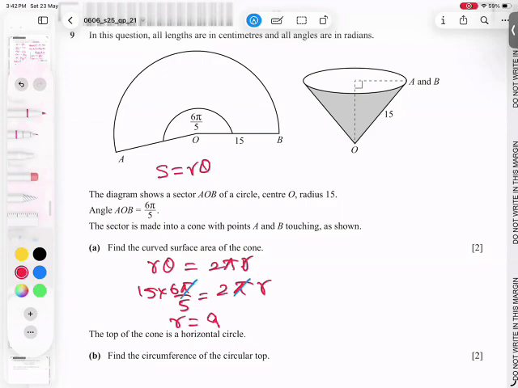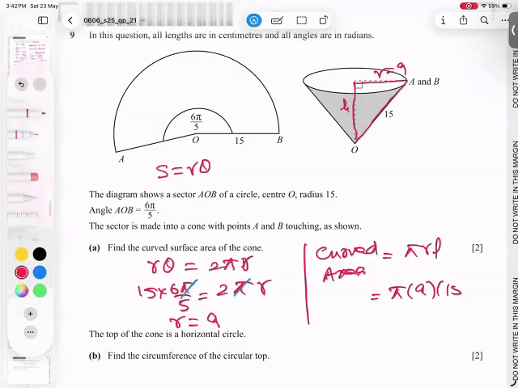Now I'll go for the slant height, because you see this is where I can use the Pythagoras theorem. Radius is 9, and that is okay. No need to find the height. Okay, I can apply the curved area. So what is the curved area of the cone? Pi rl. Radius is 9 and slant height is 15. And that's it, we have done it.